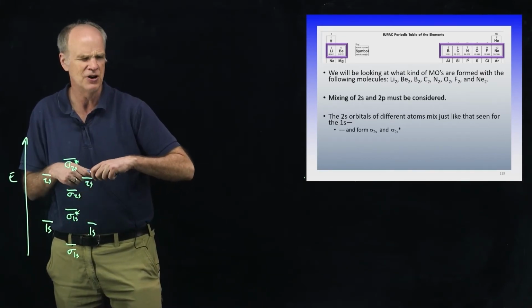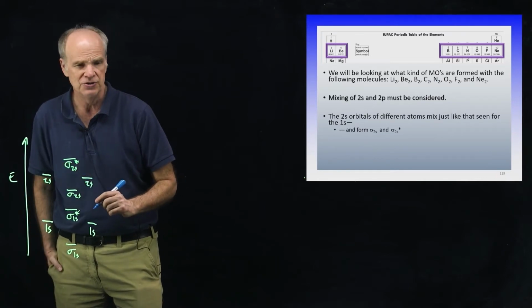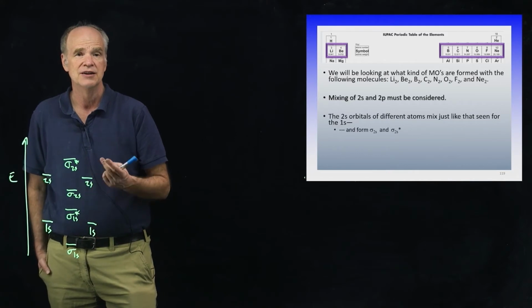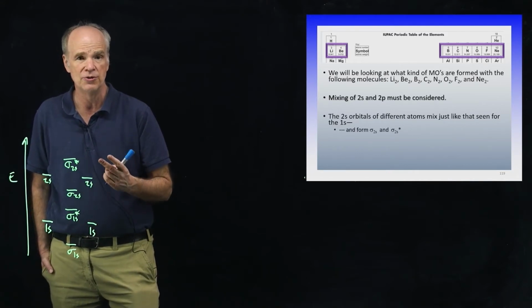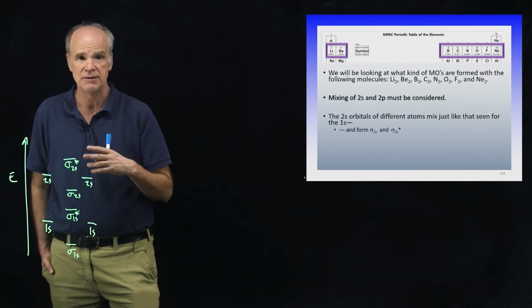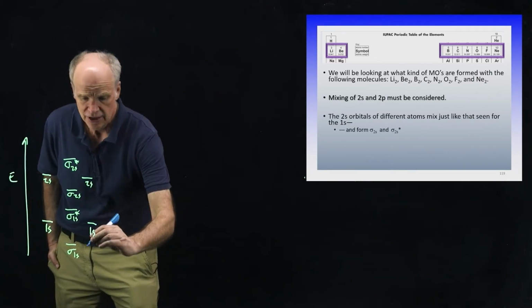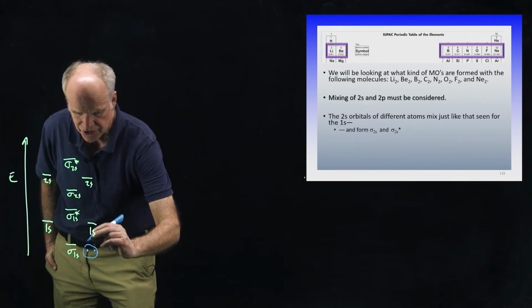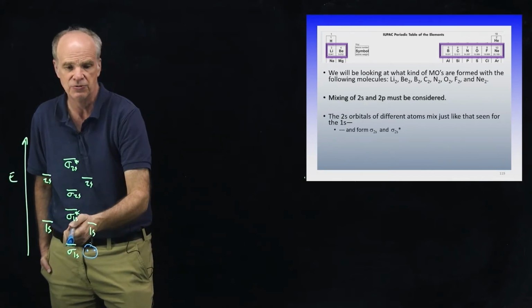So let me draw a few pictures here. So you might remember what the bonding 1s orbital looks like. So here we have a single orbital that encompasses the two nuclei of the atoms. And they could be hydrogen atoms or helium atoms, for example. So this is the bonding orbital here, the sigma 1s orbital.